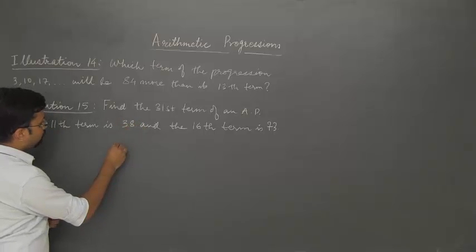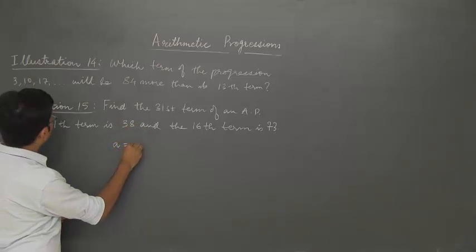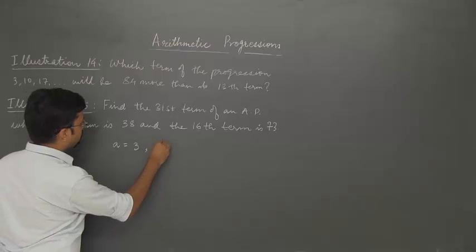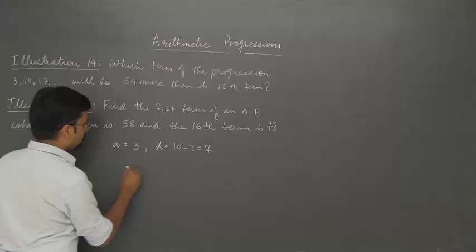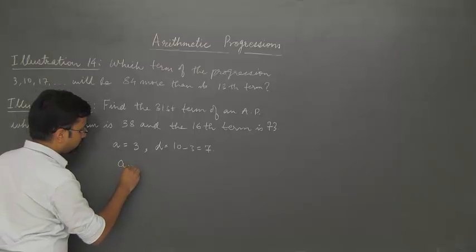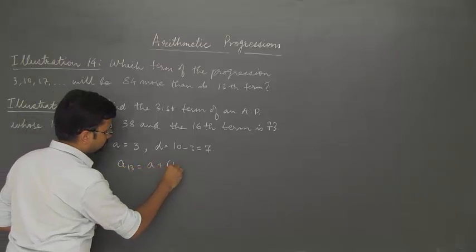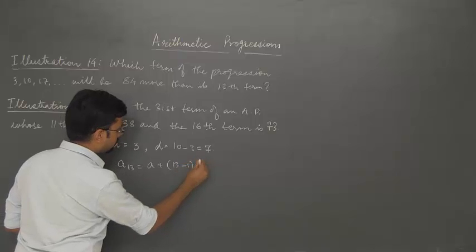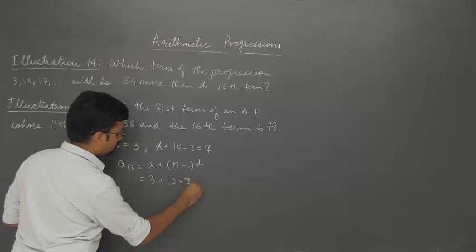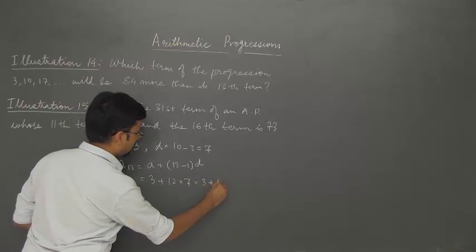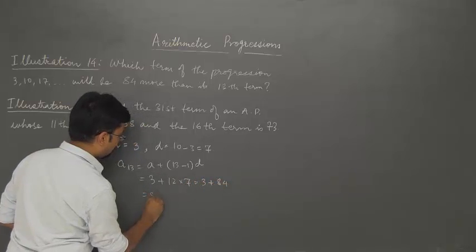As the first step, we will first find the 13th term of the AP. Here the first term A is 3, the common difference D would be 10 minus 3, that's 7. To find the 13th term, what do we do? A plus 13 minus 1 into D, which is 3 plus 12 into 7, which is 3 plus 84, we get 87.